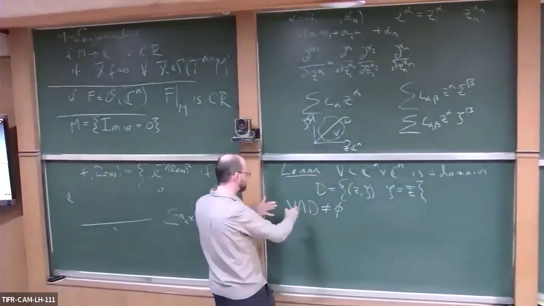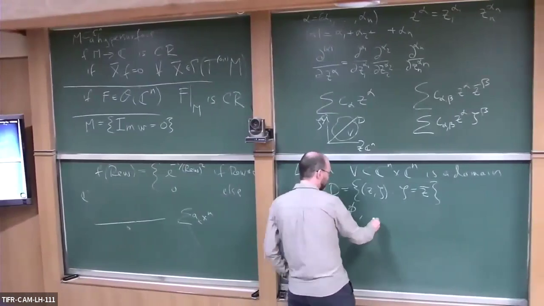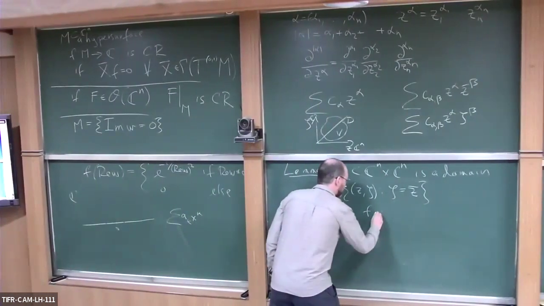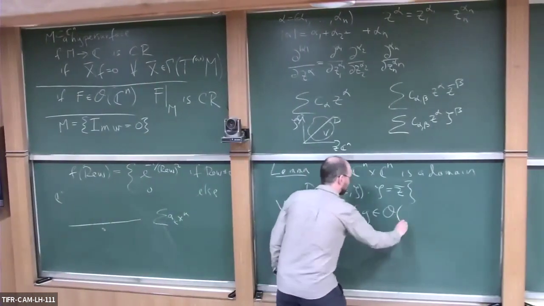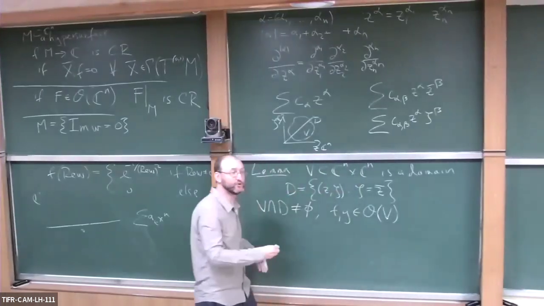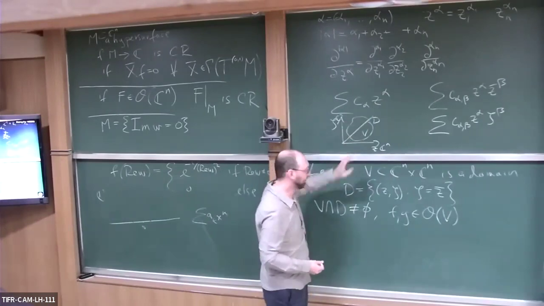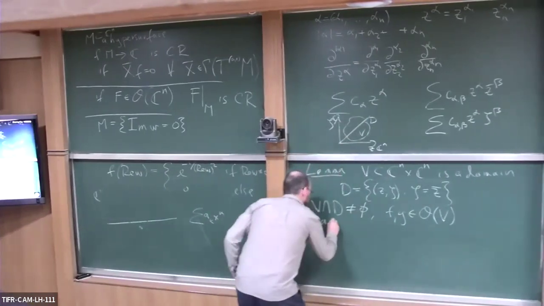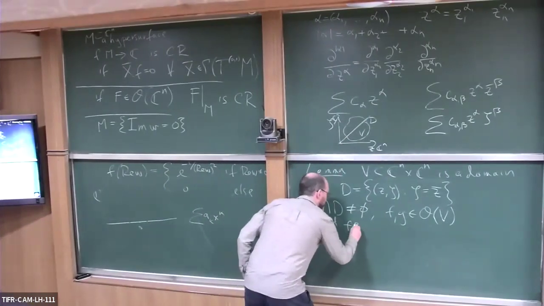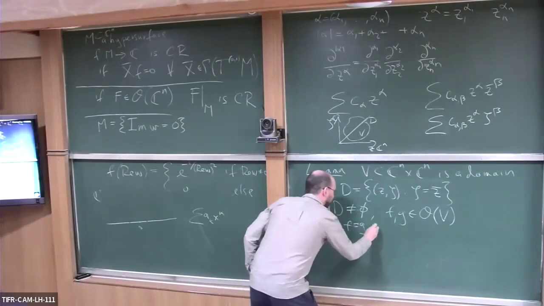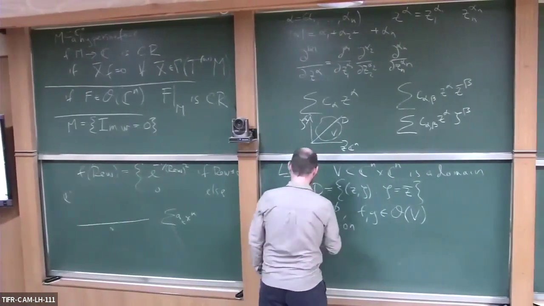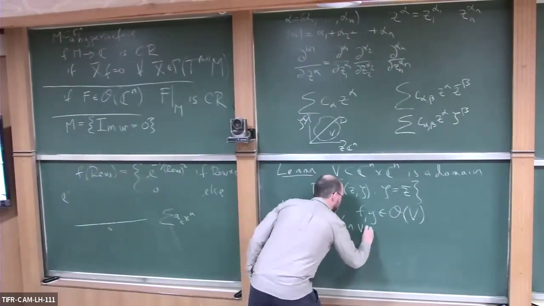So that's the setup of B and the diagonal, and also suppose that we have F and G holomorphic in B. So there are two possible extensions from the diagonal to B, and F equals G on this intersection, B intersect the diagonal.